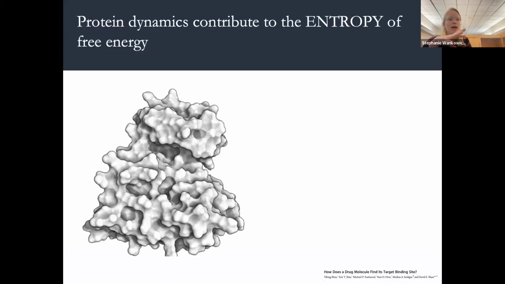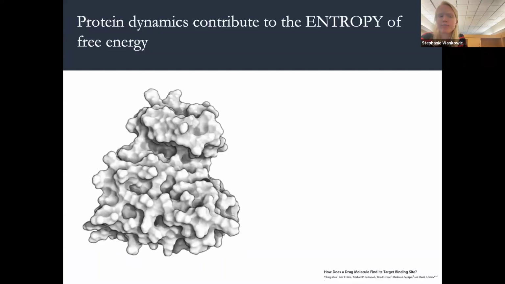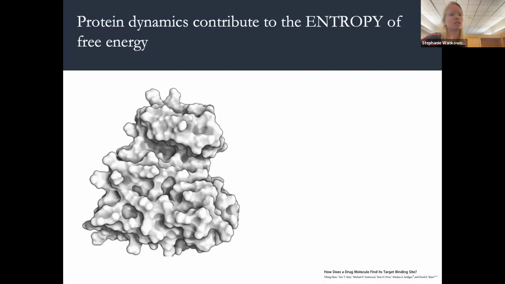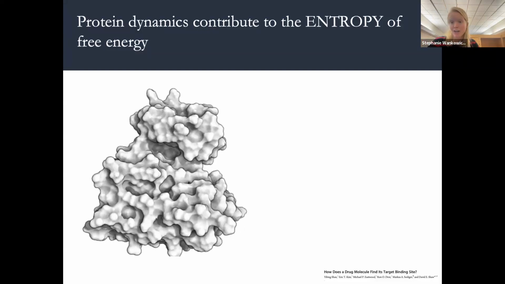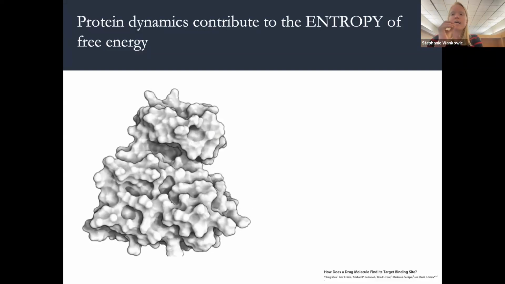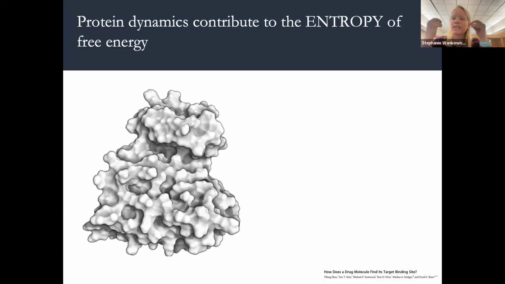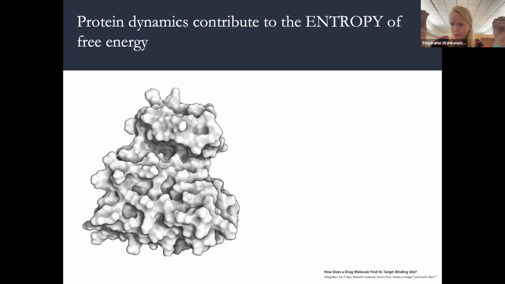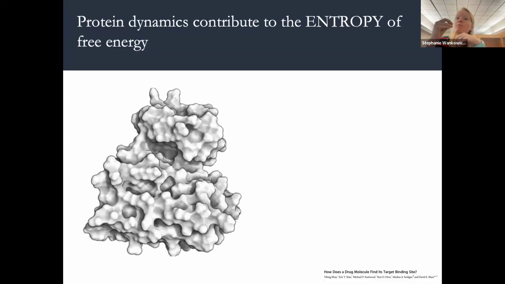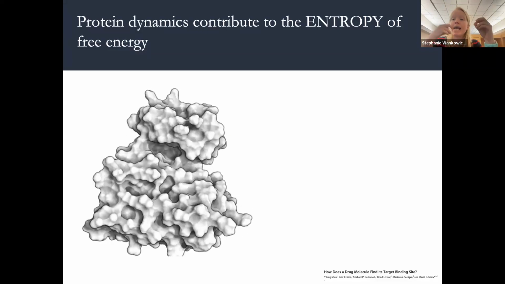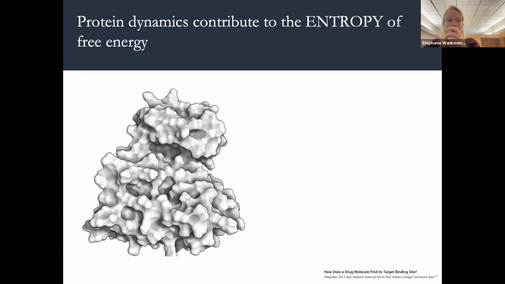So my work on the biology side involves the fact that protein dynamics contribute to the entropy of free energy. The entropy is determining the number of states that exist in a system. So the more states that you have, the more entropy that you have. And so protein dynamics, by moving between these different states, increases the amount of entropy.